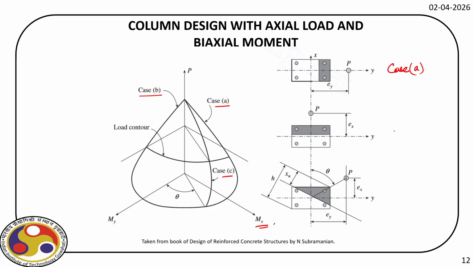Second, case B, is where we have moment about y-axis. Now, when we have neutral axis at an angle theta, that is case C, so we get this interaction curve.